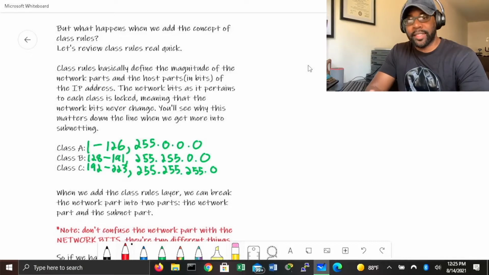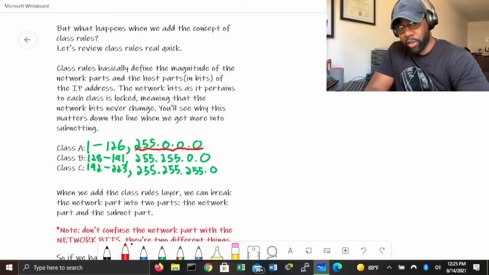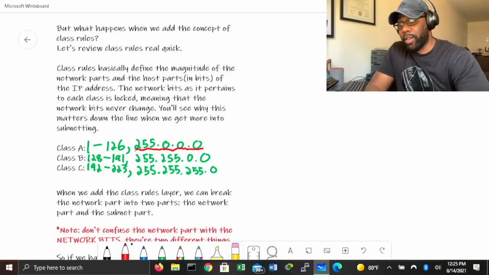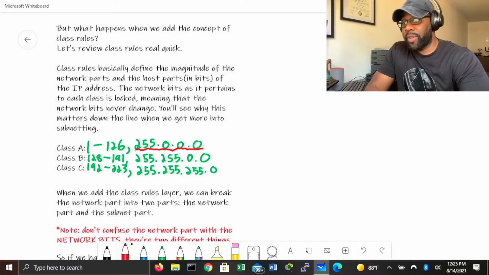So we know that class A IP addresses are from 1 to 126 and have a default mask of 255.0.0.0, right? And class B ranges from 128 to 191. This is the first octet we're talking about here. I forgot to mention that. And the default mask is going to be 255.255.0.0.